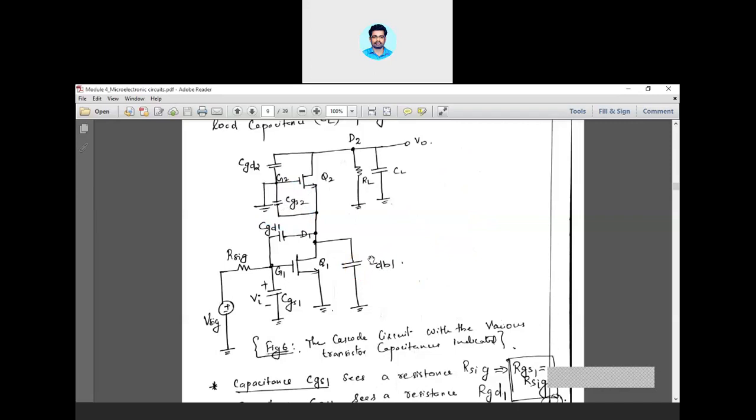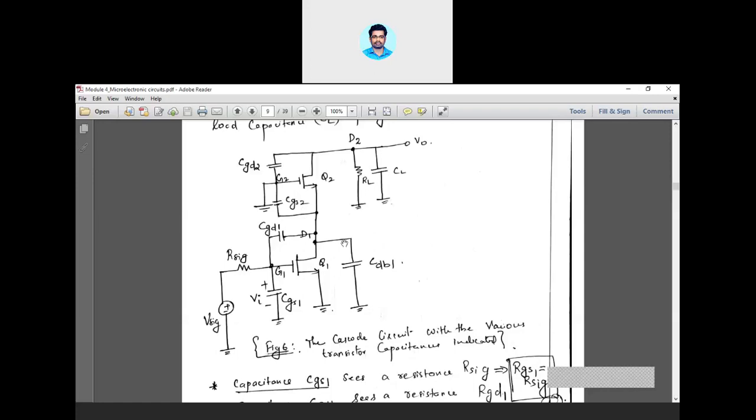At the same time, one of the terminals of CDB1 is connected to ground. So these two grounds are common. Similarly, here one terminal of CGS2 is at the source. Again, for CDB1, one terminal is at D1, but D1 is connected to source 2. Drain of Q1 is connected to source 2, isn't it?